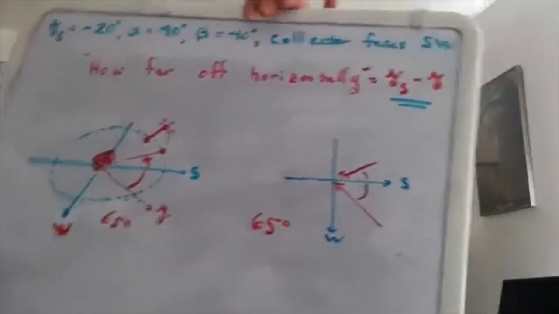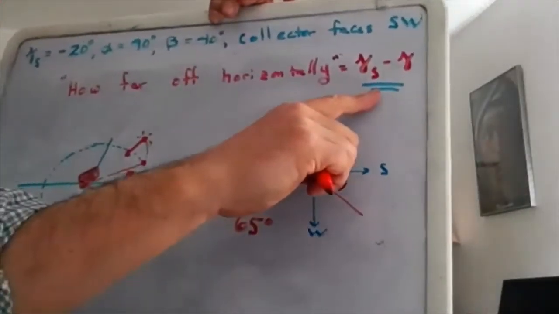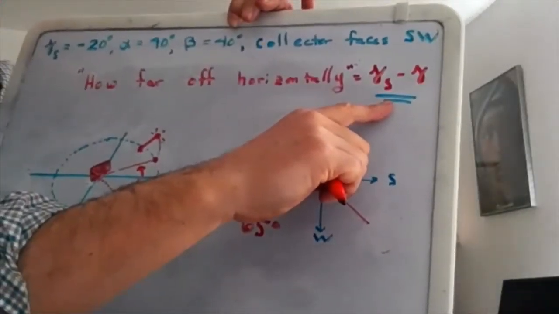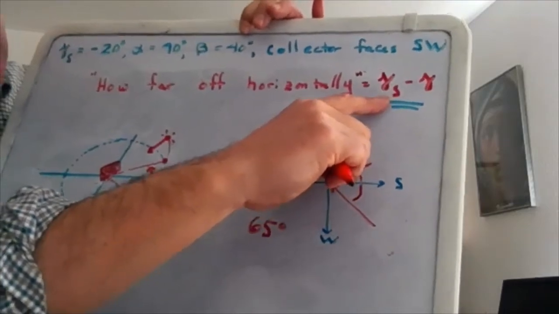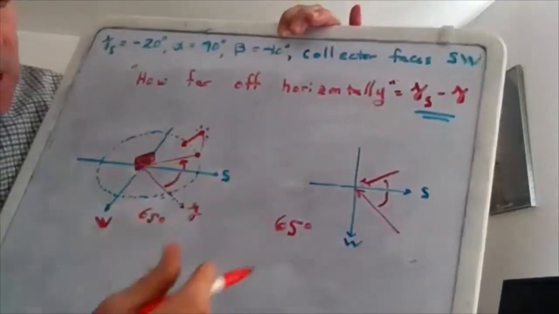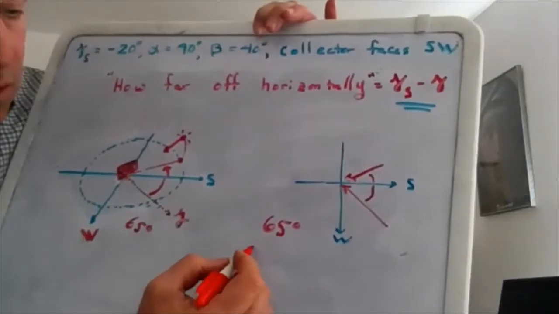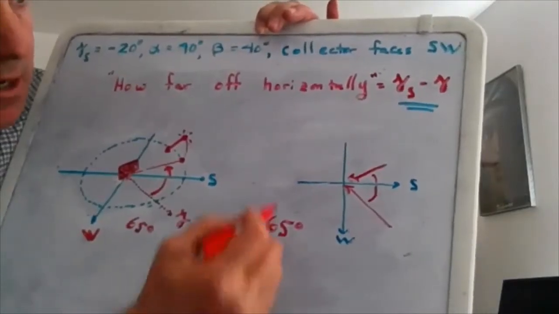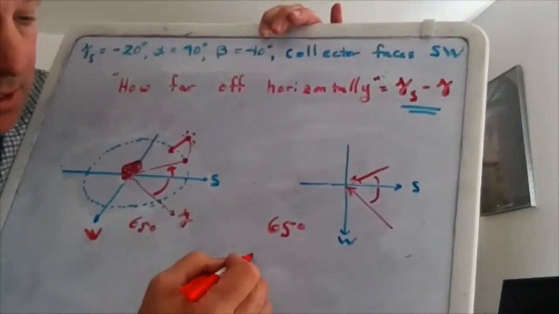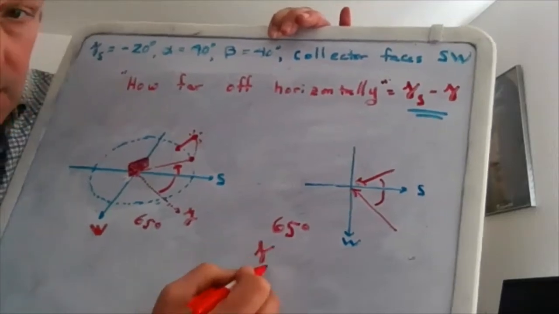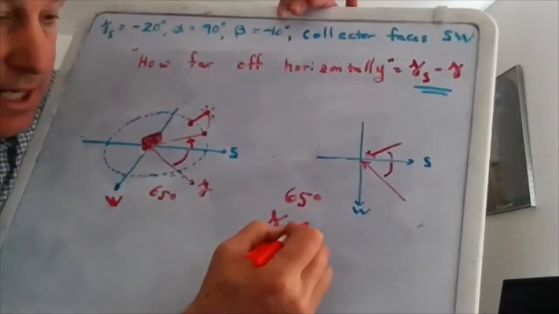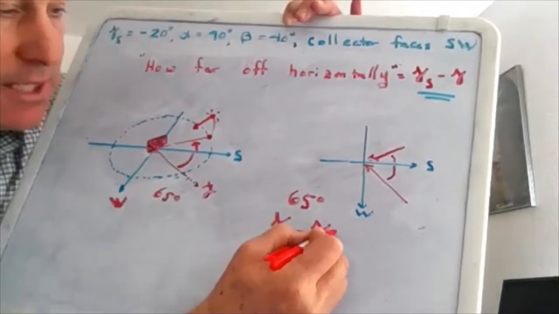You'll note in a little bit that the textbook does that, how far we're off horizontally, by gamma s minus gamma. So strictly speaking, according to the book's formula, we would write gamma s minus gamma. How's that going to turn out?